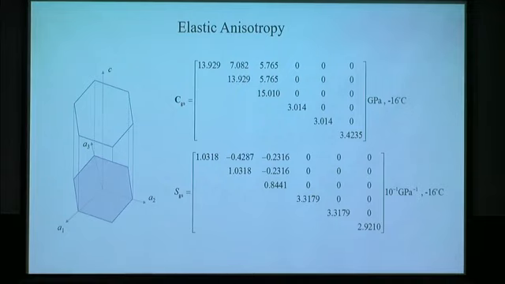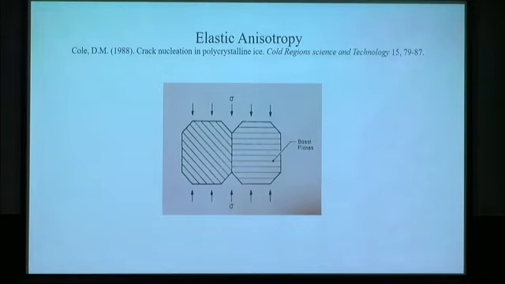So what? Well, Cole back in 1988 proposed a model of crack nucleation based on this elastic anisotropy of a single crystal. What we have shown here is two neighboring single ice crystals, and they may have different basal plane orientations, under a remote loading, which could be tension or compression.